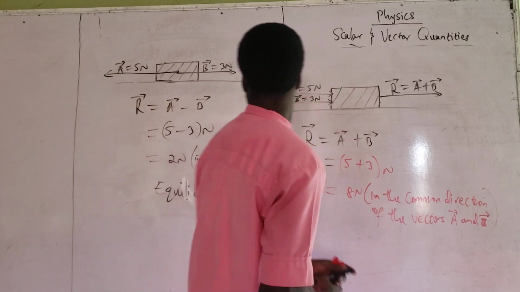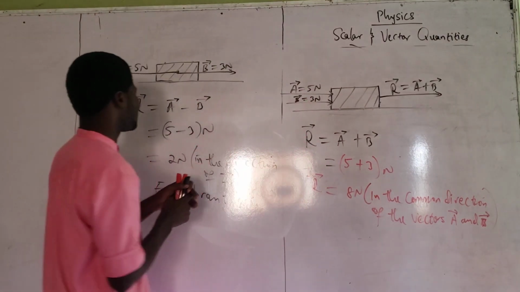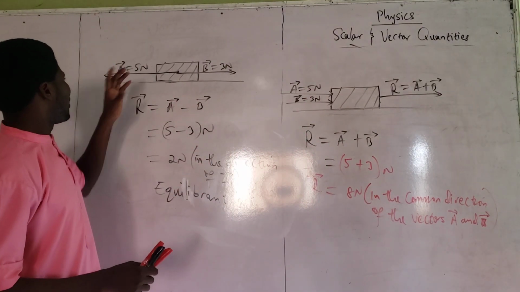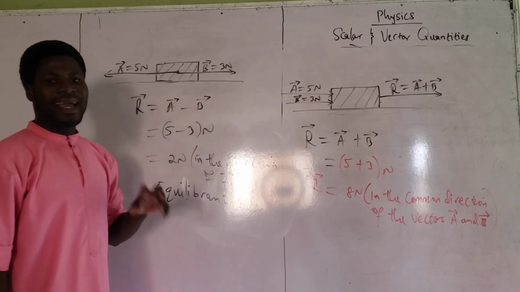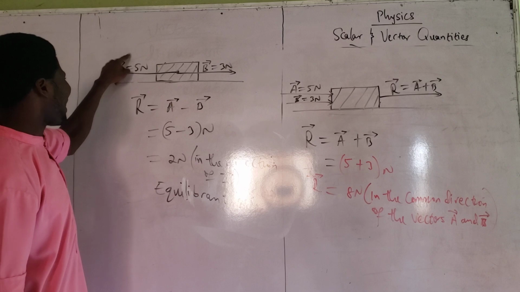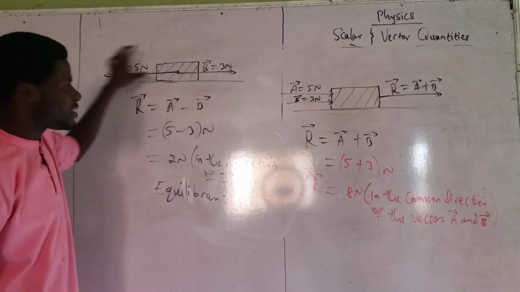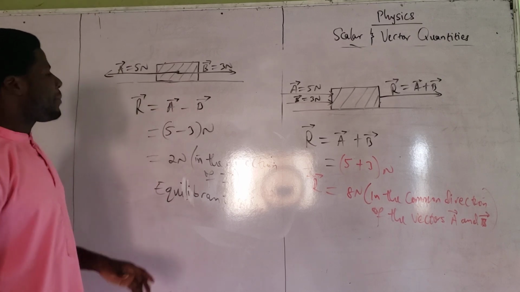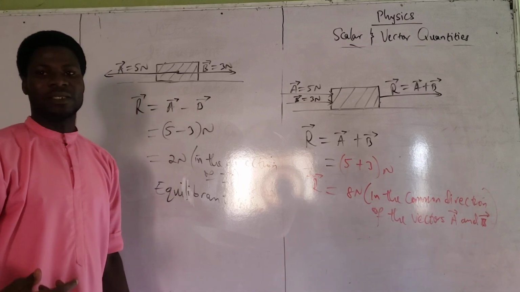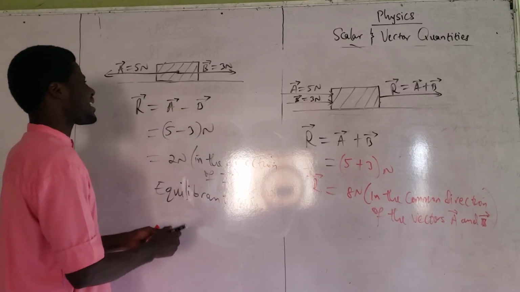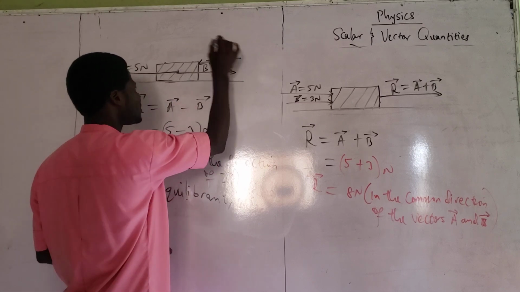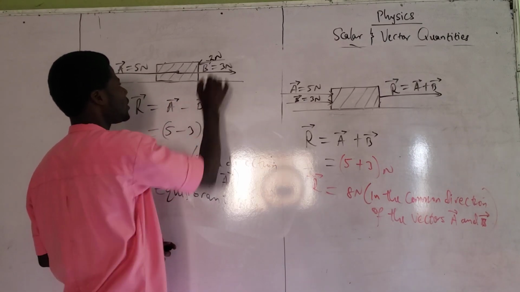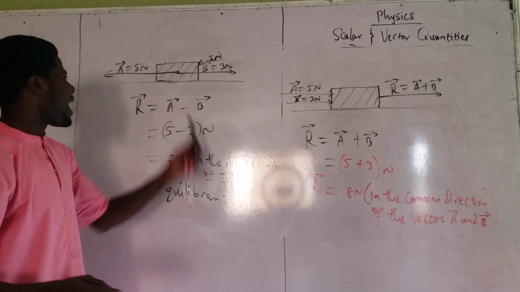How do I mean? Let me do the last example here. With this arrangement, 5 Newton here, 3 Newton here, it is obvious that the person that applied 5 Newton will have the sausage, right? But if another person quickly comes and assists him with extra 2 Newton, who do you think they have together?